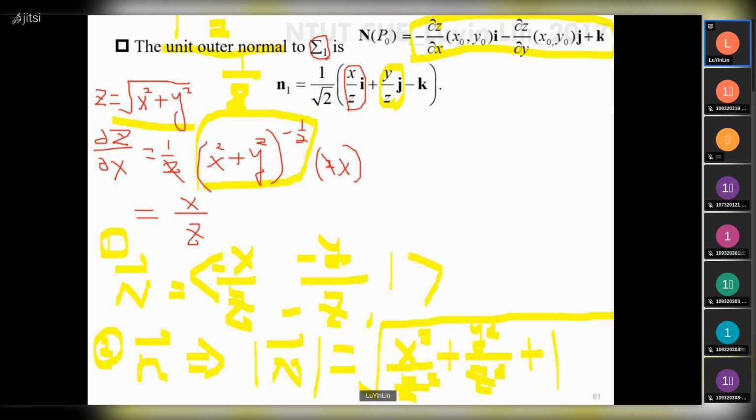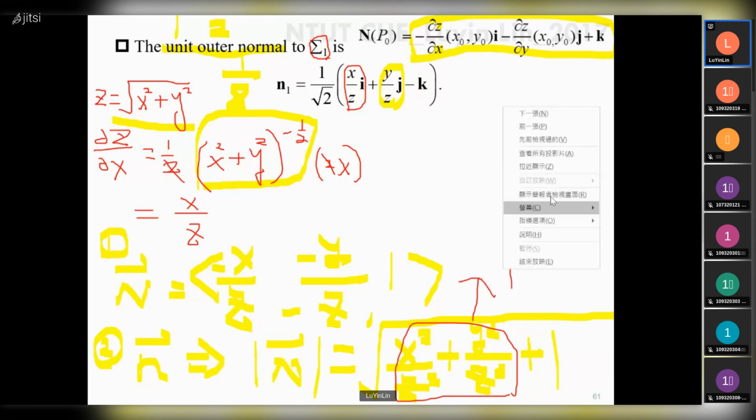And these two, x squared over z squared plus y squared over z squared. This one is equal to 1, okay, because z is equal to the square root of this one, so z squared is x squared plus y squared. So this one is 1. Try to understand by yourself, please.